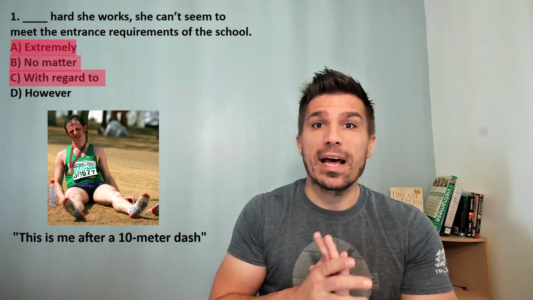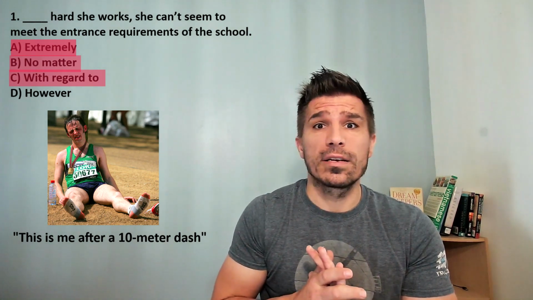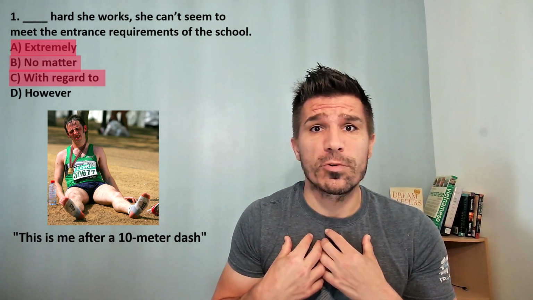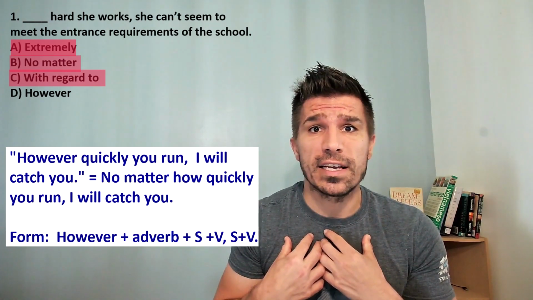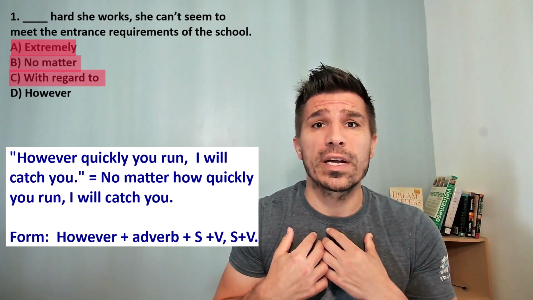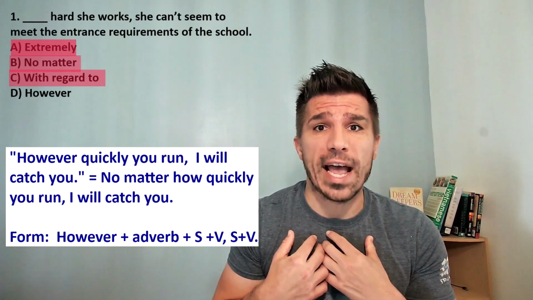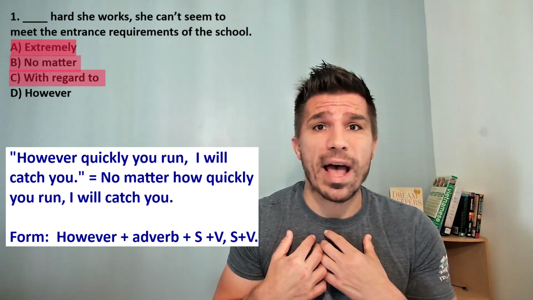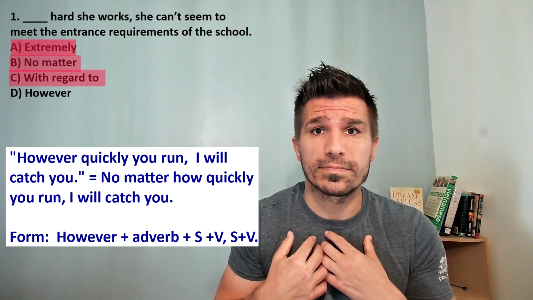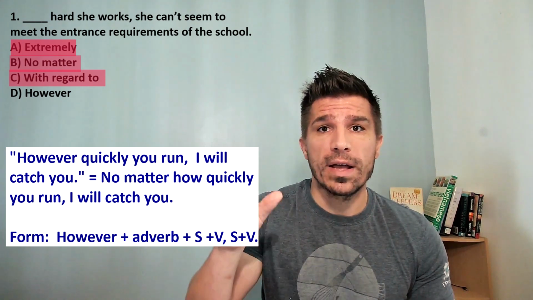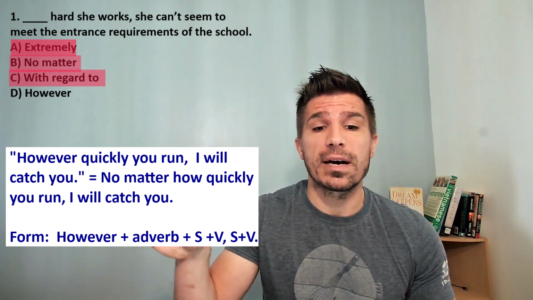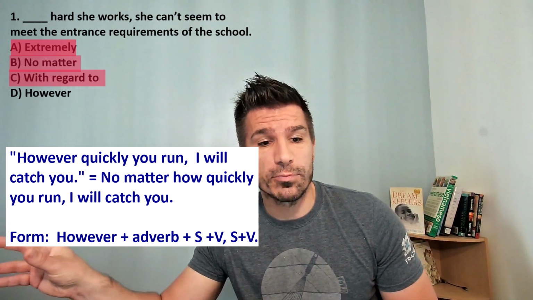For another example, you think you're a quick runner. I think I'm a quick runner and I'm very arrogant, and I say, however quickly you run, I will catch you. So it doesn't matter how quickly you run. But notice the form: however, adverb, subject, verb, guaranteed result.